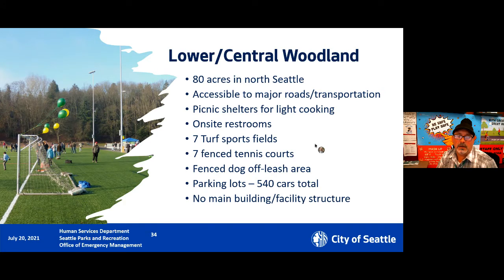There's a parking lot that can hold up to 540 cars. And there's no main building and no facility structure on that site. But it's pretty open, and it could serve quite a few of our tents on this site if we had to open up a soft-sided shelter site to help out.